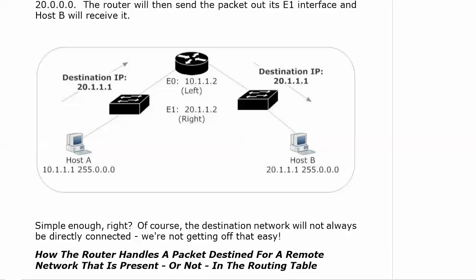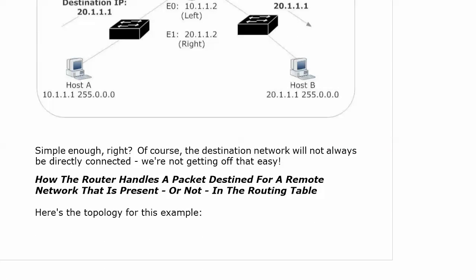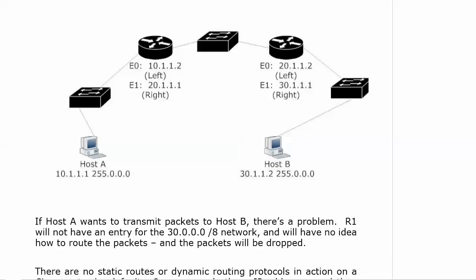Now, let's talk about how the router handles a packet destined for a remote network that is present or not in the routing table. Pretty long-winded there, but a good example for you here. And we've added some devices here to our network, so let's quickly revisit our IP addresses here and give you a quick troubleshooting tip as well. Host A is going to try to send packets to host B, and notice that we've introduced another network and another router.